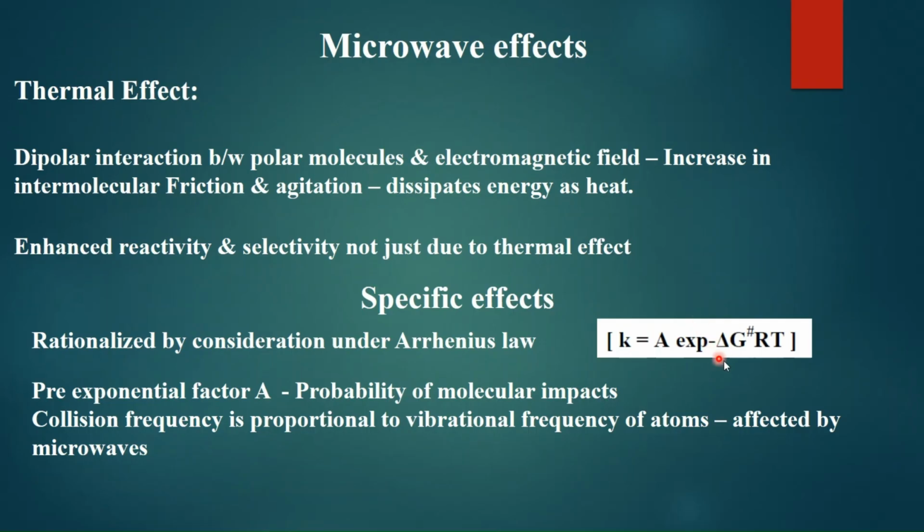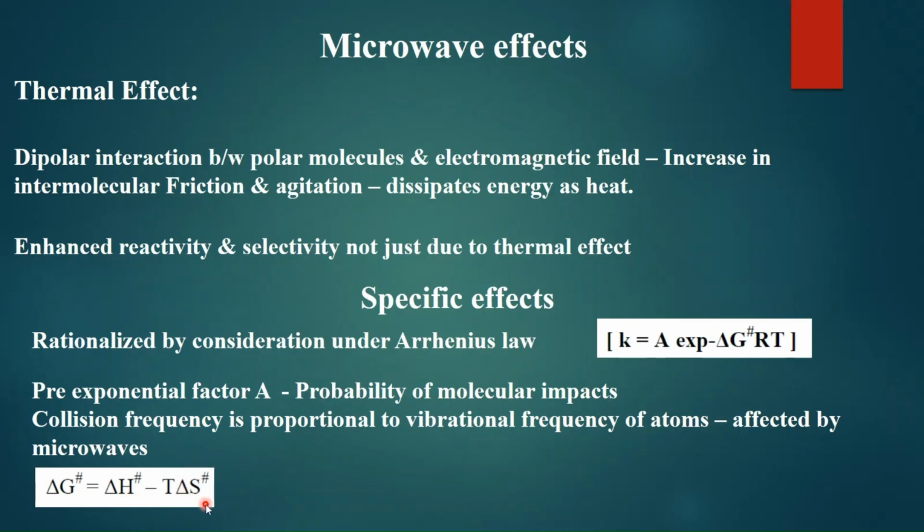Another factor, the exponential factor, that is delta G, which indicates the degree of freedom, affects the reactivity and selectivity. Delta G is given as delta H minus T delta S. Delta H represents the enthalpy of the reaction, or heat of the reaction.